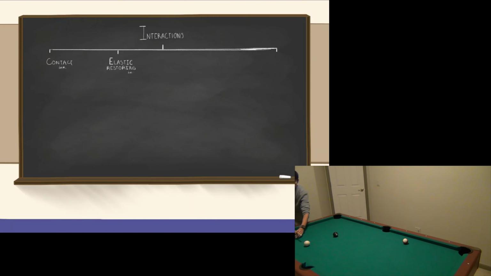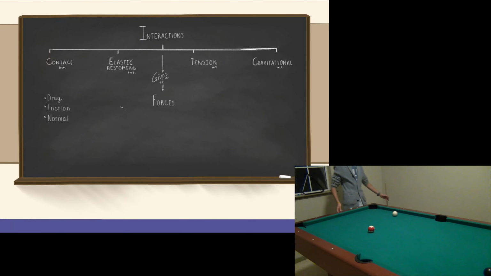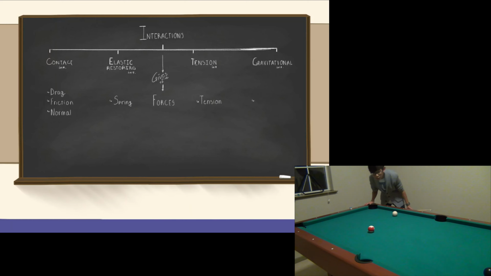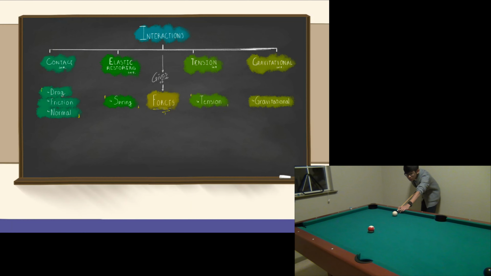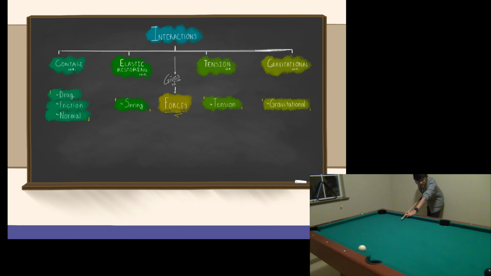The second would be elastic restoring interaction. Third, tension. And fourth, gravitational pull. All of these interactions lead to 6 different types of forces: friction, drag, normal, spring, tension, and gravitation.